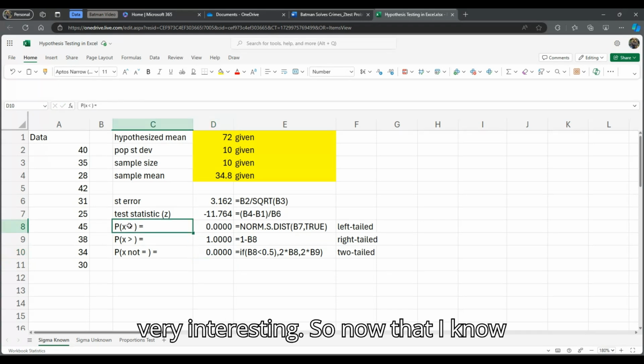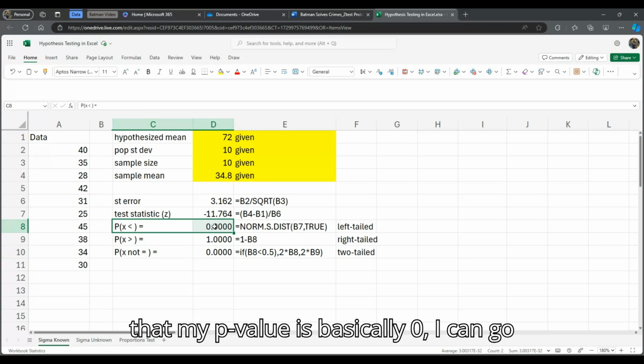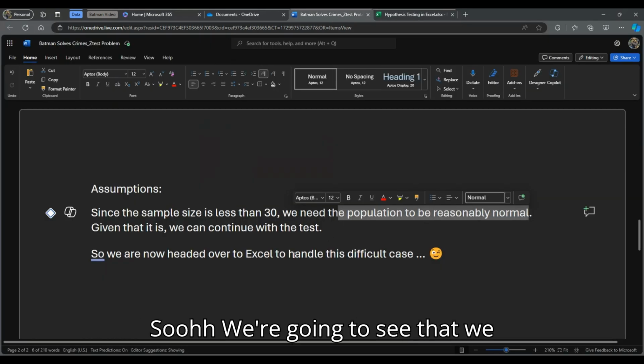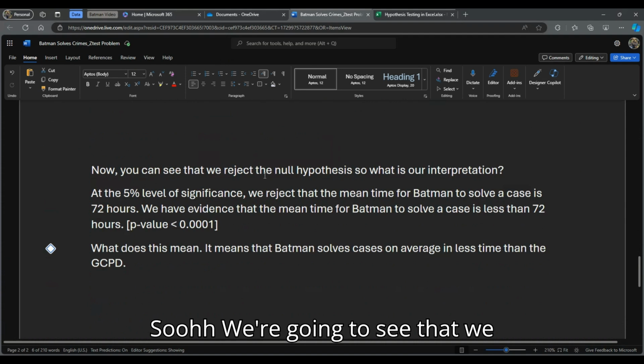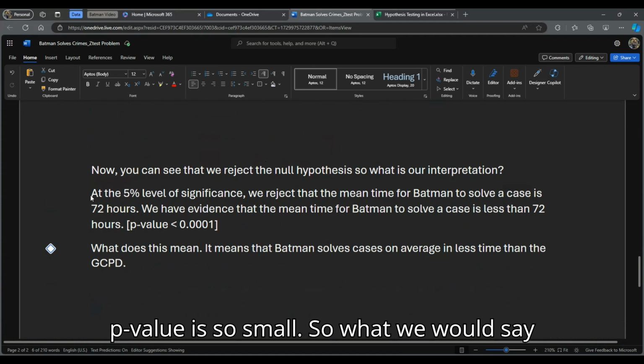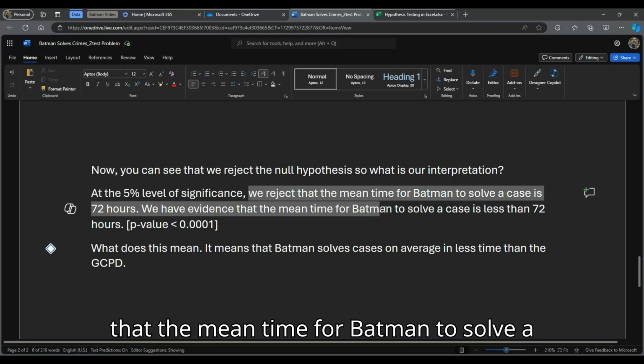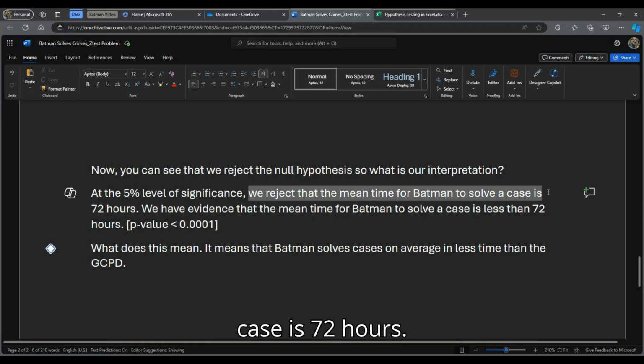So now that I know that my p-value is basically 0, I can go back and look at the interpretation. So we're going to see that we reject the null hypothesis because our p-value is so small. So what we would say is at the 5% level of significance, right, we reject that the mean time for Batman to solve a case is 72 hours.